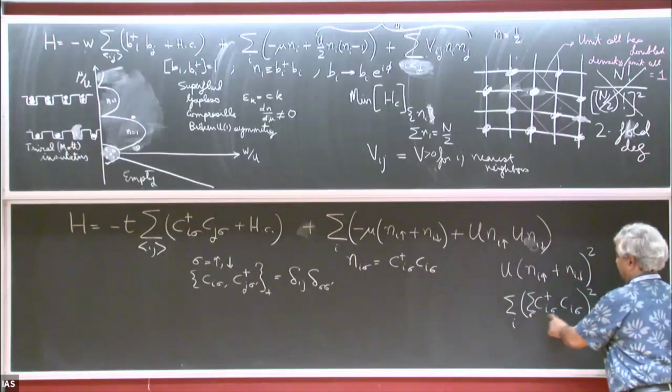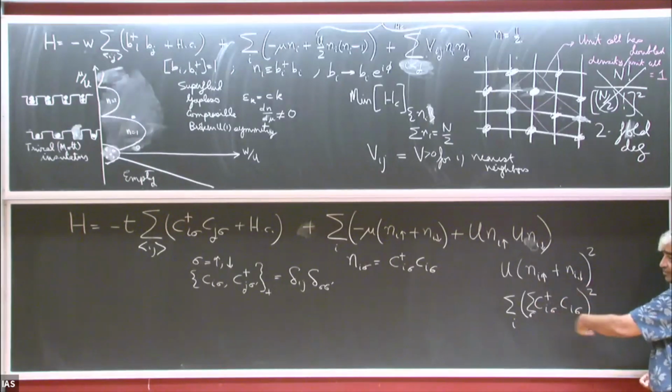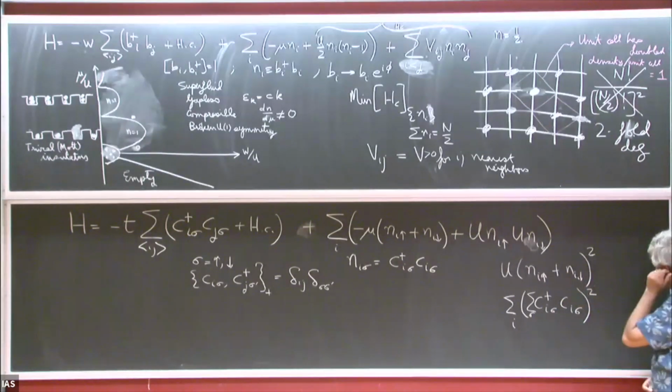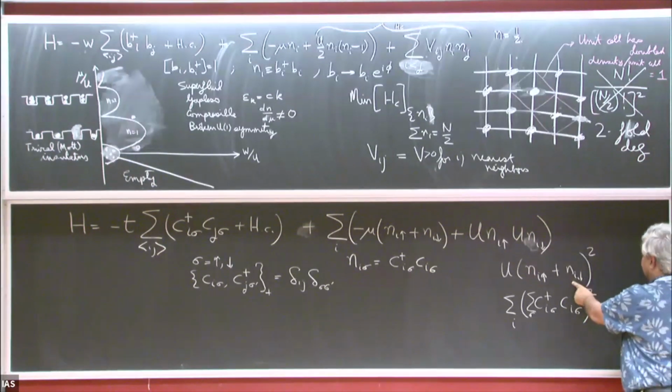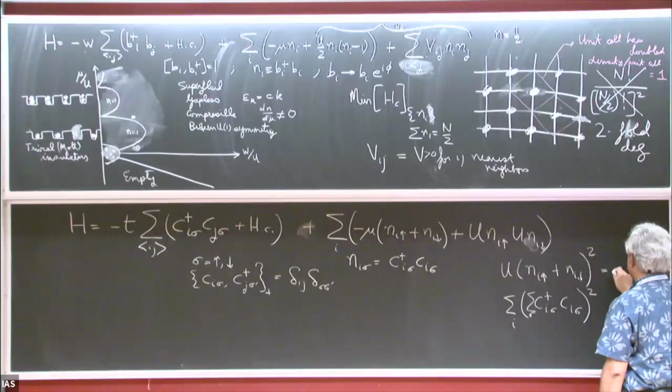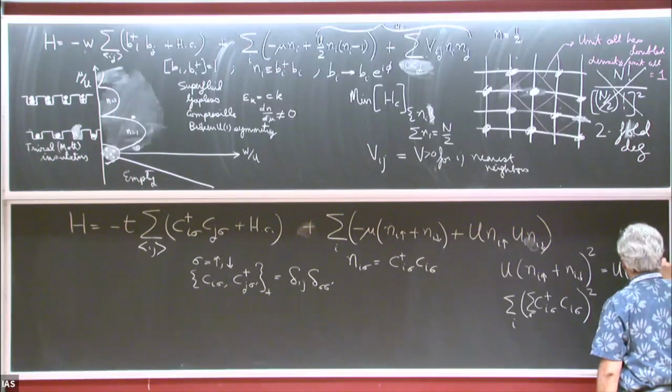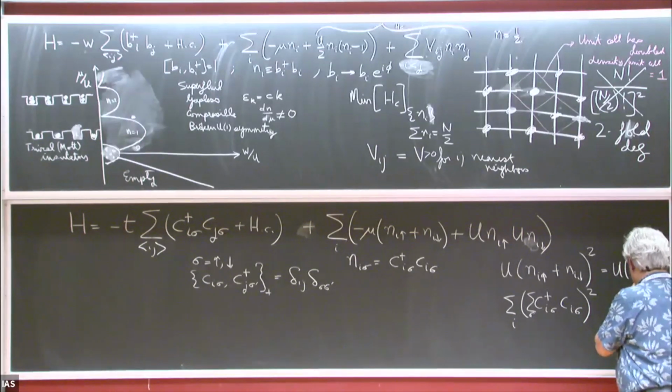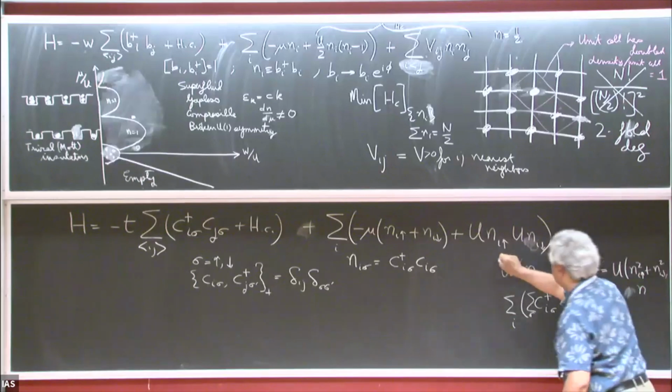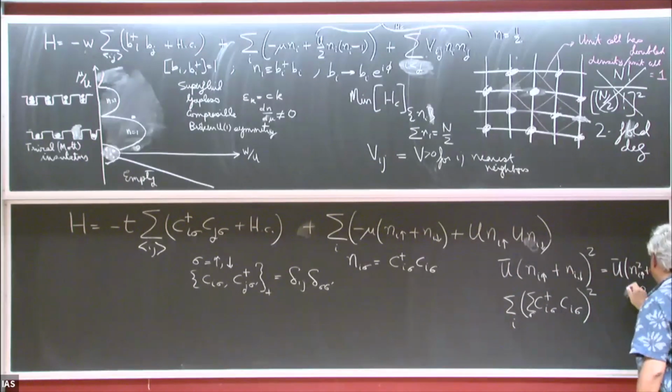Because of the sum on sigma, this is clearly invariant under SU(2) rotations in sigma space. But what is this thing? Well, if you just expand this out, it's U times n_{i↑} squared plus n_{i↓} squared, plus the term we keep, let me call it U bar, times 2 n_{i↑} n_{i↓}.